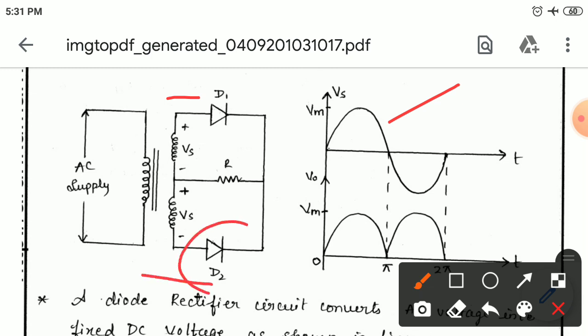So diode D2 is off, and the supply passes through diode D1, so current flows through to the load. So your positive cycle will arise here.